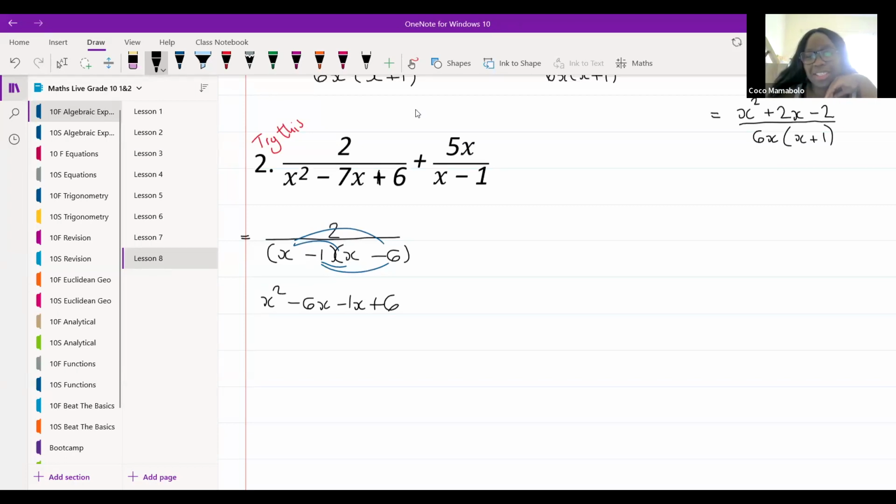Okay, am I making sense? Ma'am, what factors of 6 will give you -7? 6 and 1, yes, but they would both have to be negative. And in this case, if we had a negative over here, we would have to have a positive and a negative, or a negative and a positive, because there's a -6 over here.